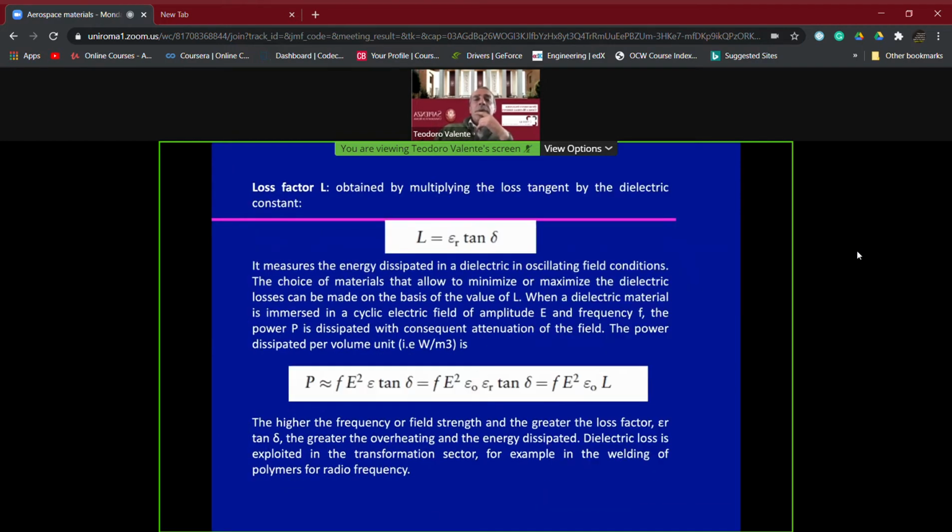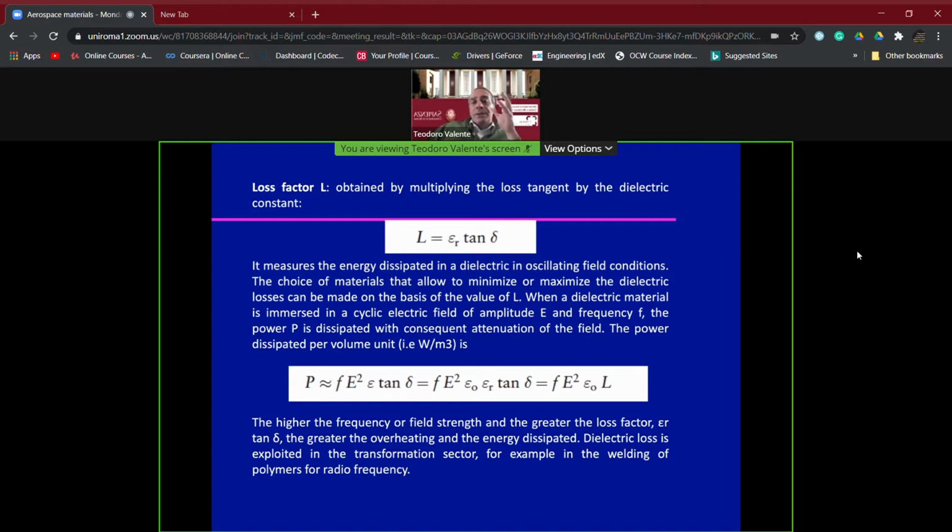It is important because we can define, according to what we have said, the loss factor as the quantity obtained by multiplying the loss tangent, that is the tangent of the phase shift delta, by the dielectric constant we defined before, epsilon r, the relative permittivity of the dielectric material.